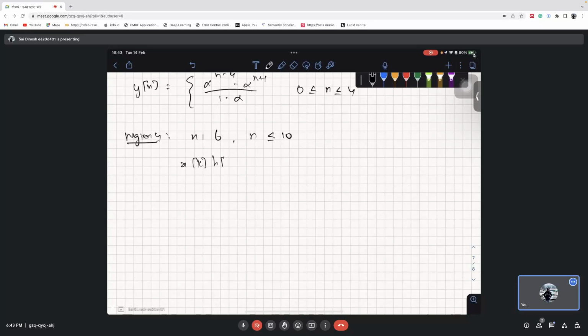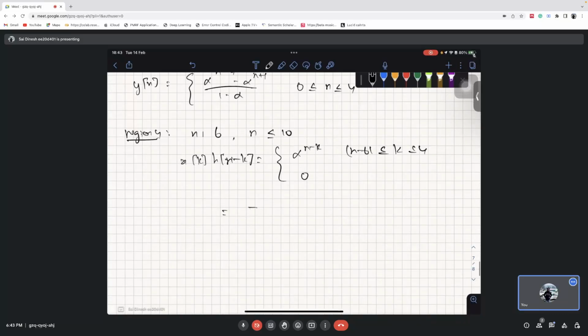x of k, h of n minus k is equal to alpha power n minus k, and 0 otherwise, for n minus 6 less than or equal to k less than or equal to 4, right? This again is solved by the sum over k equal to n minus 6 to 4 of alpha power n minus k.